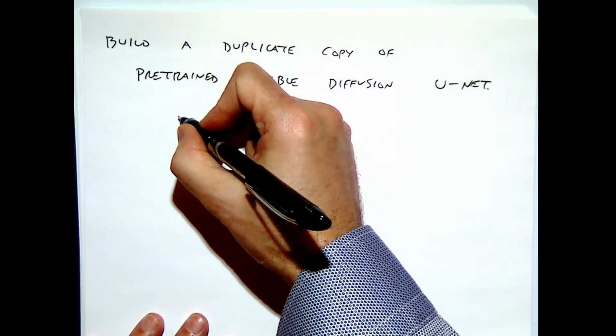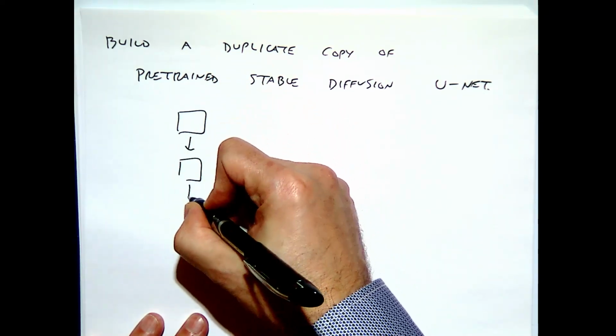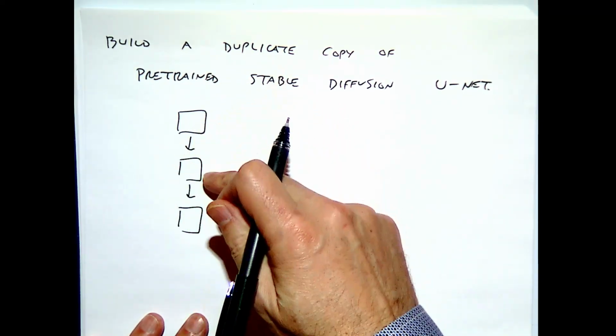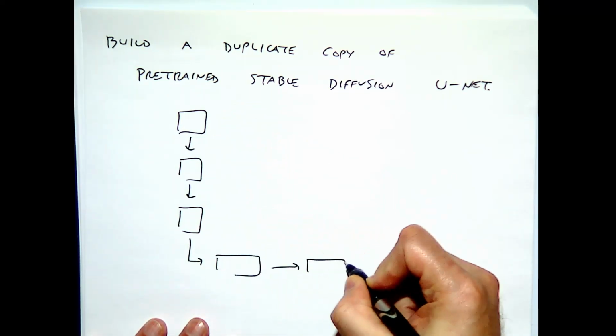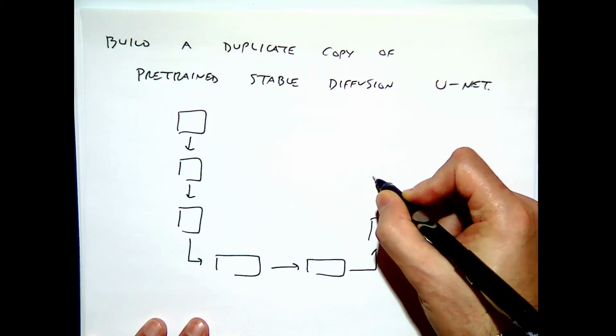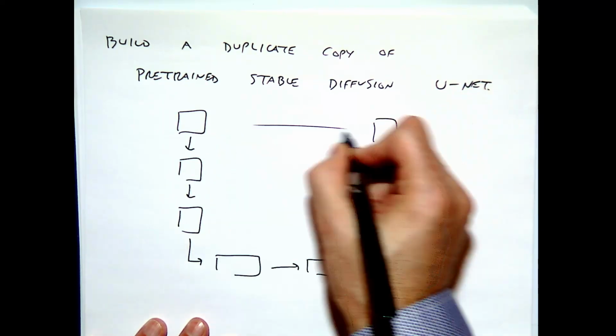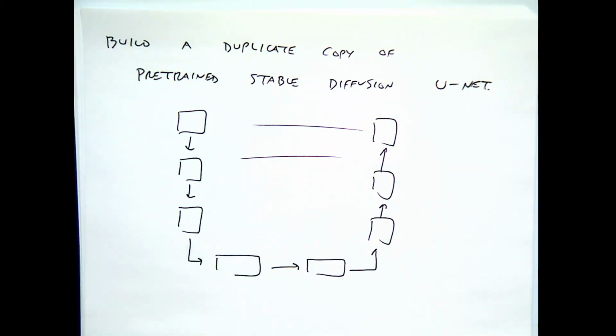So just a reminder that basically, stable diffusion is generating a whole bunch of images that are all the same size, and then there's a couple of blocks down here, and then I go back up the chain, and there's a bunch of skip connections, right? So this is my very sketchy UNet picture, right?